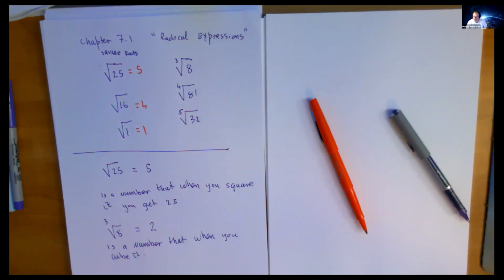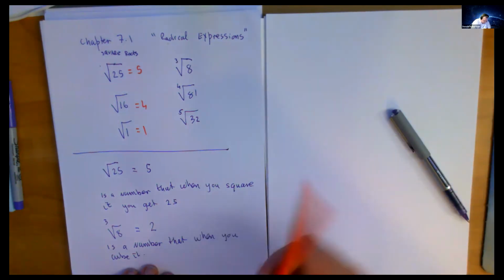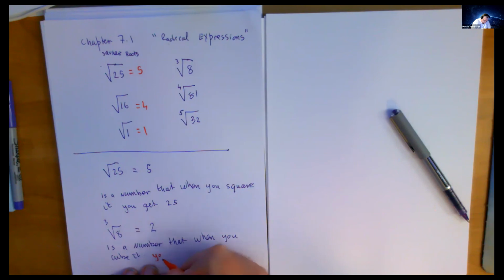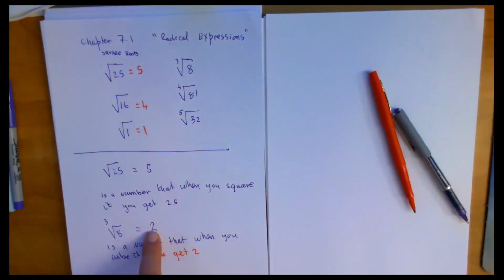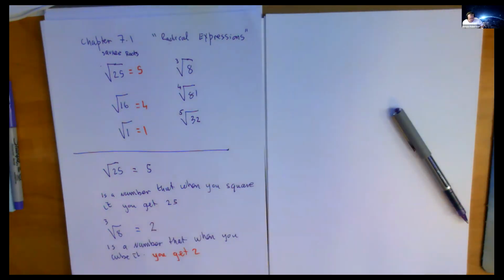So you do it like 3 times in a row. So when you cube it, you get 8. So it's easy to check. Well, maybe not easy, but it's straightforward to check. Isn't the cube root of 8 2? Because 2 times 2 times 2 gets you 8.